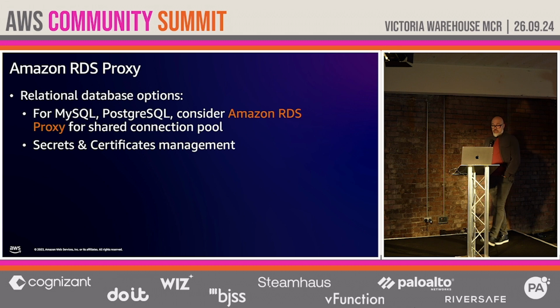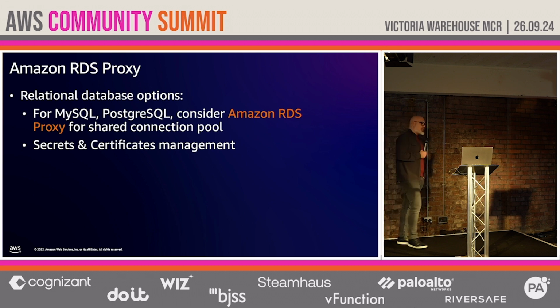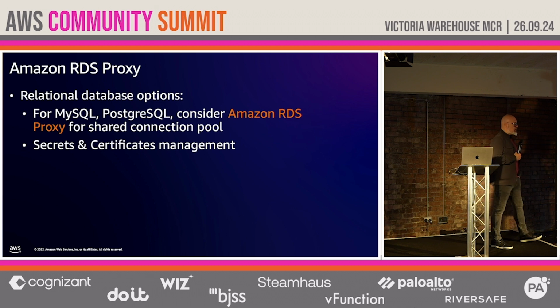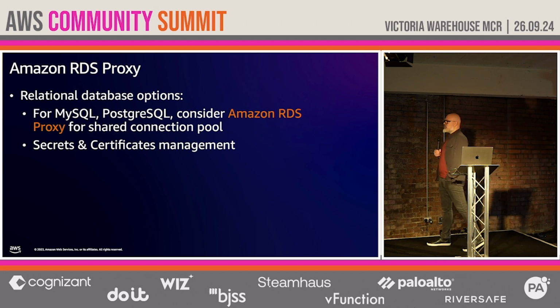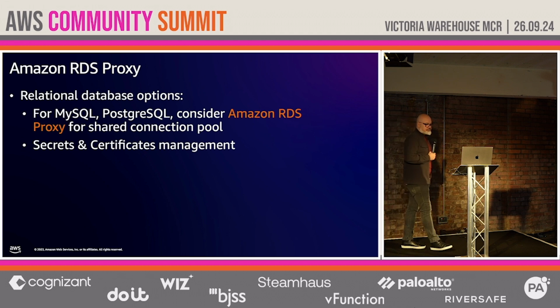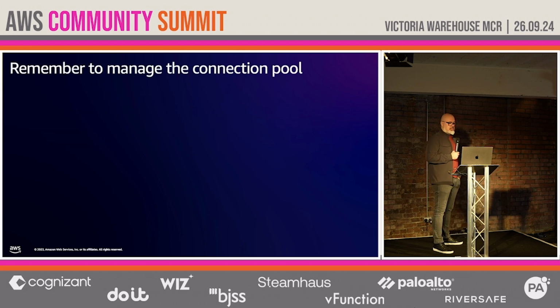The other thing it takes care of is secrets and certificates management. If you want to deal with secrets, you don't have to retrieve them in your Lambda function. You just ask RDS proxy to handle that. That is very convenient, because it's not that it's complicated to build, but still you need to maintain that code. So if you don't have to, why not? RDS proxy was a good solution for this example, so we went with that one.